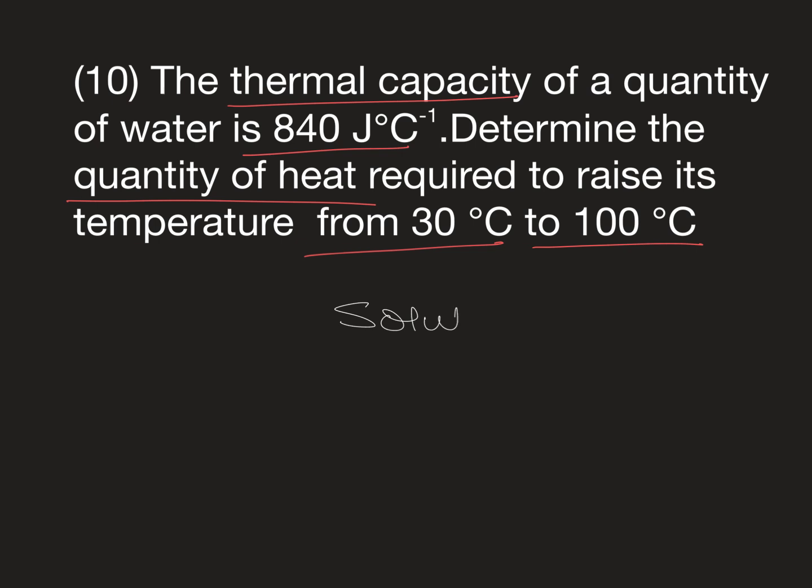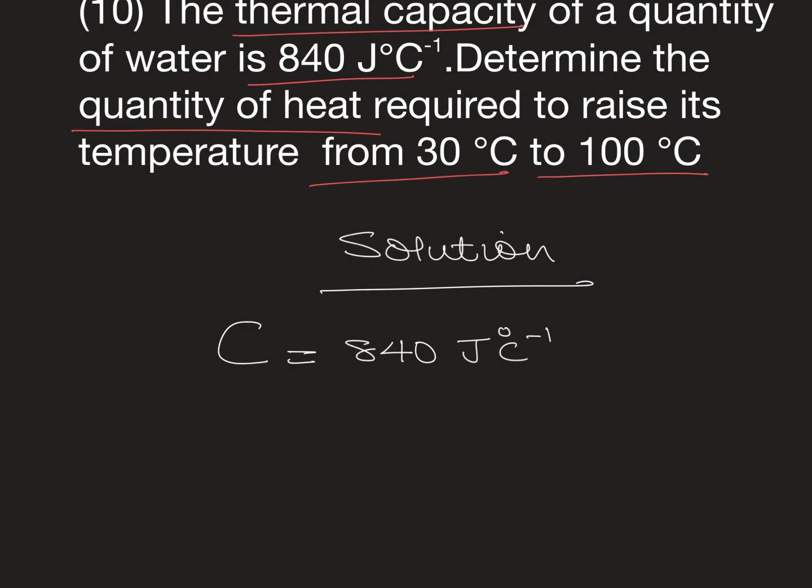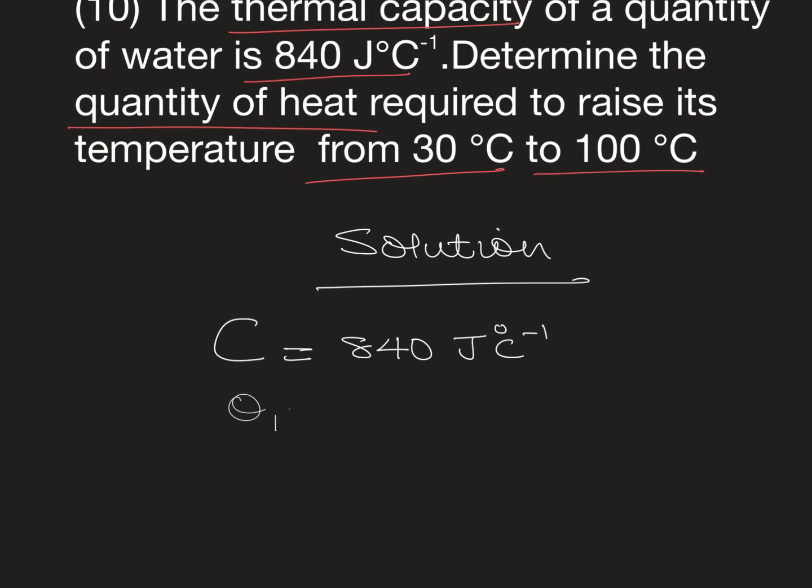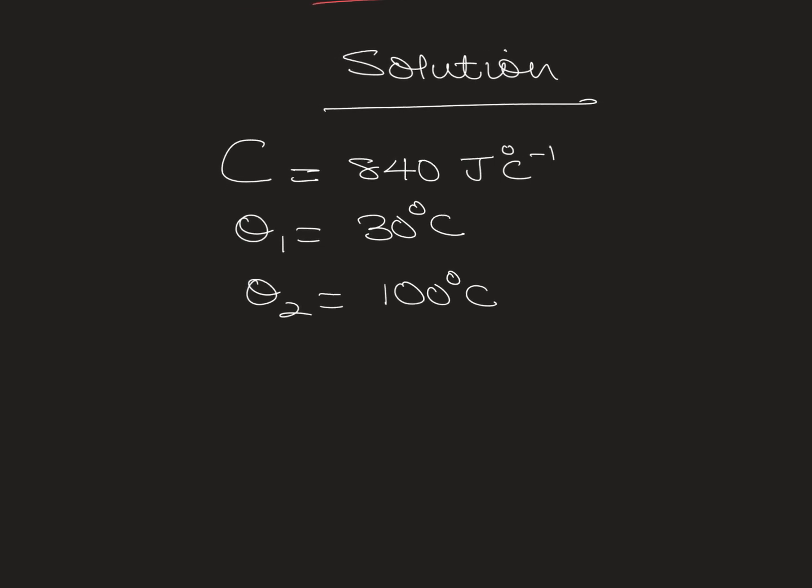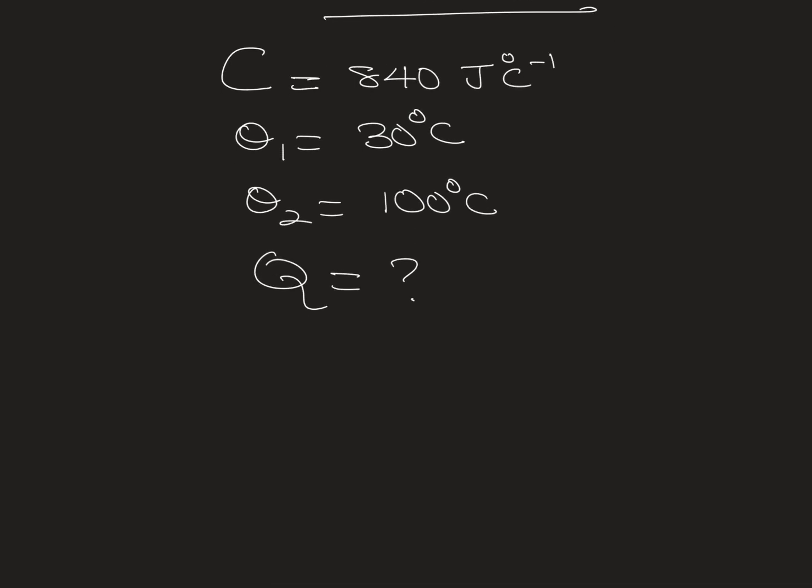Solution: the thermal capacity or heat capacity is given as 840 joules per degrees Celsius. The initial temperature is 30 degrees Celsius. The final temperature is 100 degrees Celsius. We want to find the quantity of heat required to raise the temperature.